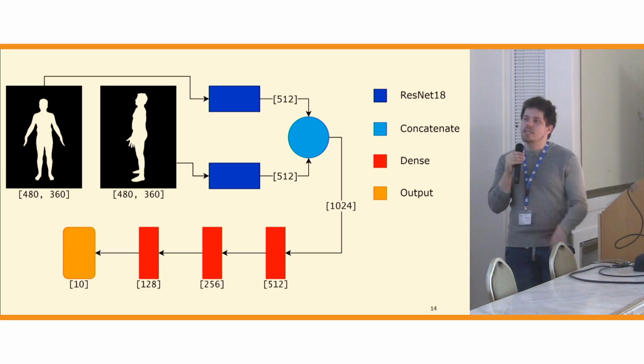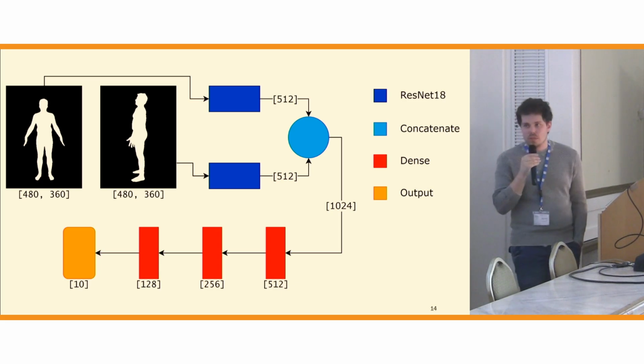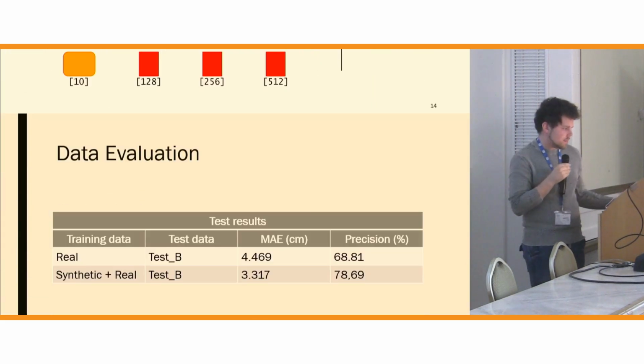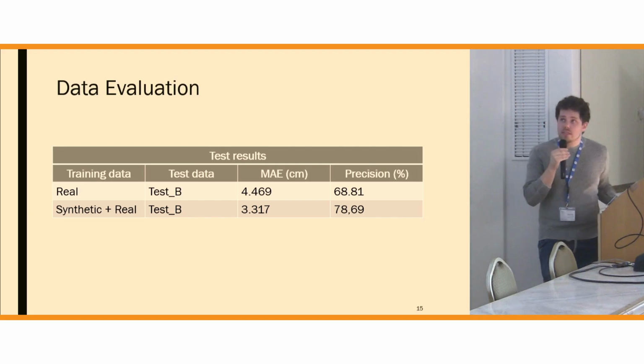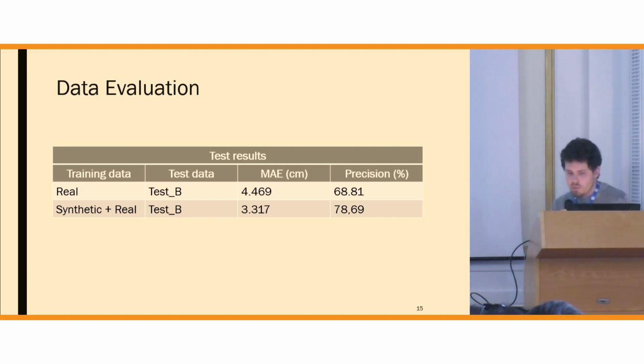We have a few dense layers, or fully connected layers, and the output is 10 measurements. Here you can see the test results of our network. The network, which was trained using the combination of synthetic and real data, has a significantly smaller mean absolute error in centimeters than the network trained only using real data. And the same applies to precision.